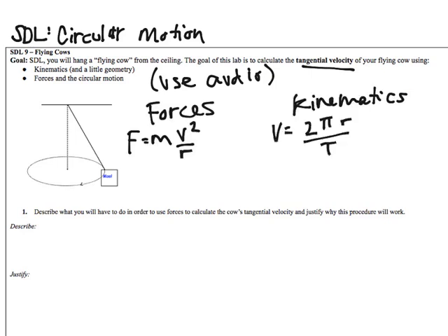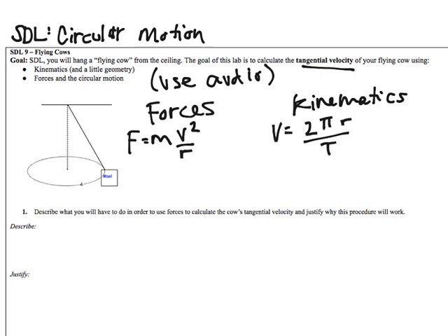Alright, so these are the two equations. Force is equal to m, which is mass, times v squared, which is the velocity, over r. Our goal for you is to find what v is in both of them. V would be our unknown.